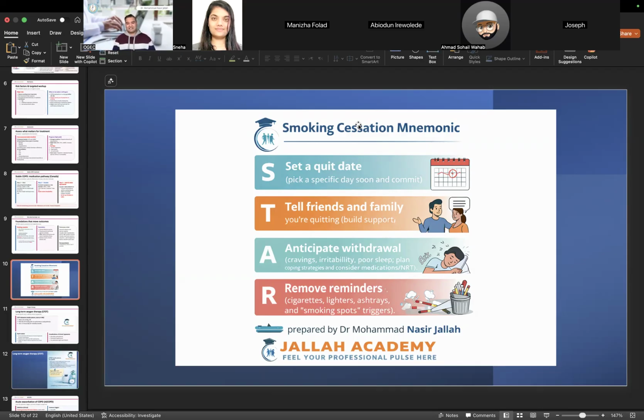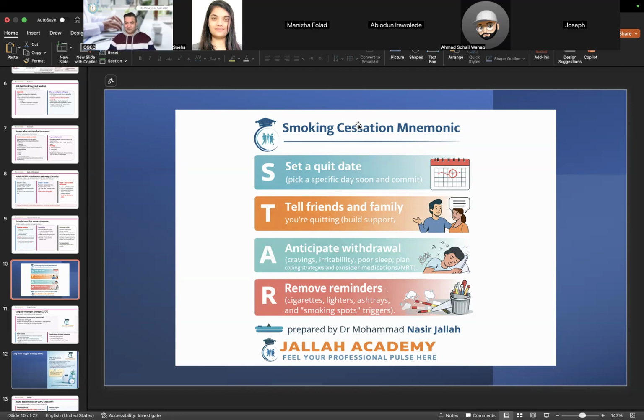Now, anticipate the withdrawal. They have to be prepared for the withdrawal symptoms that are coming. Even though they are taking medication, the withdrawal will come, but it's not going to be as intense as in the time they are not using the medication.